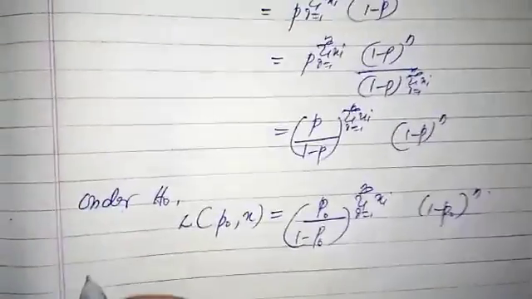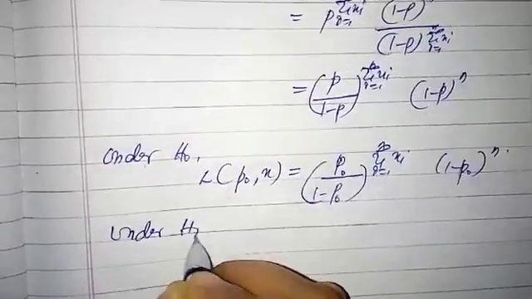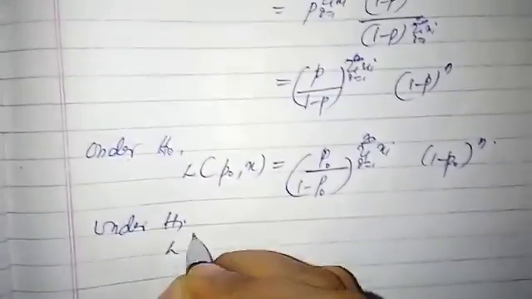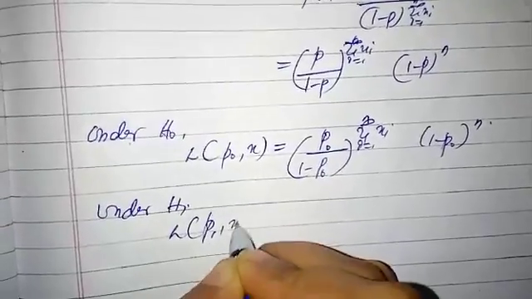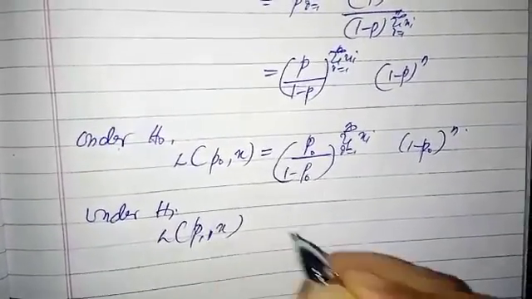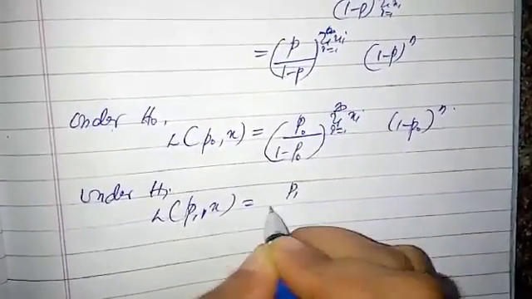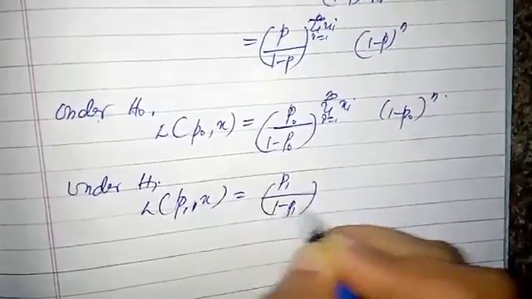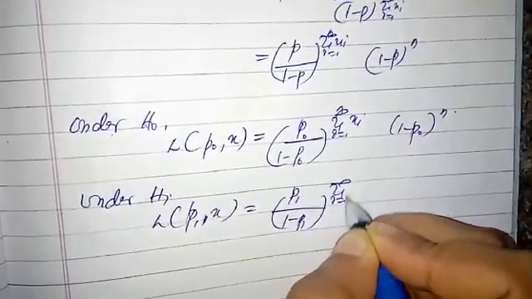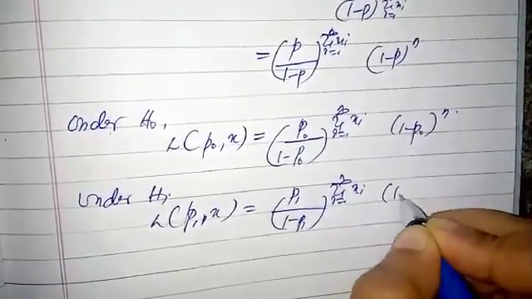Then under H1, the likelihood is p1 divided by 1 minus p1, power summation i from 1 to n of xi, times 1 minus p1 power n.